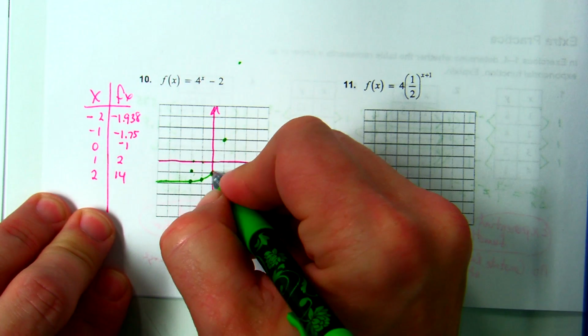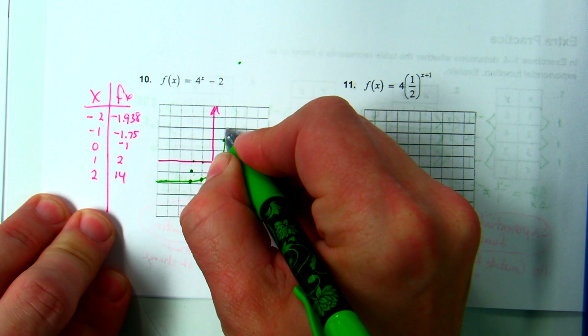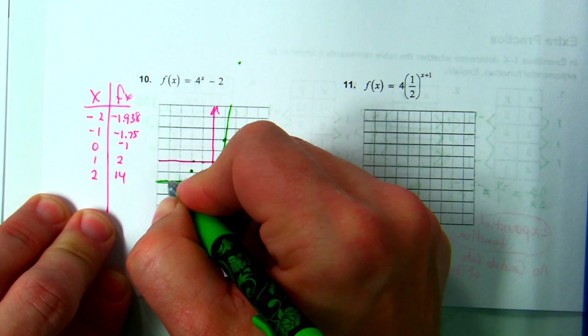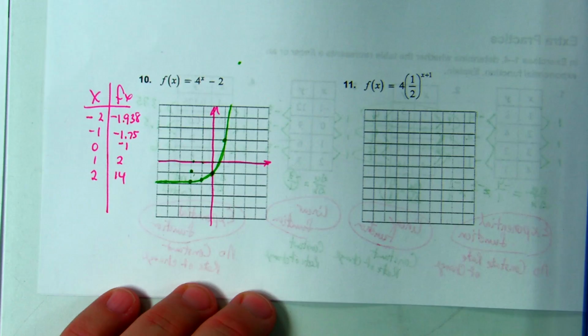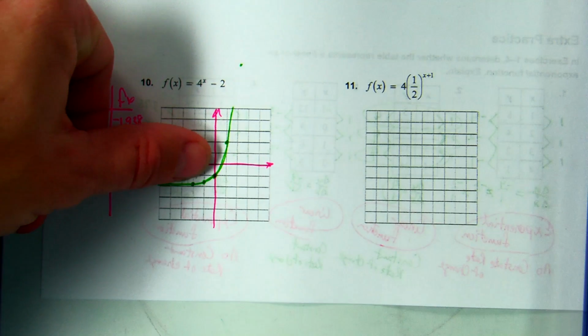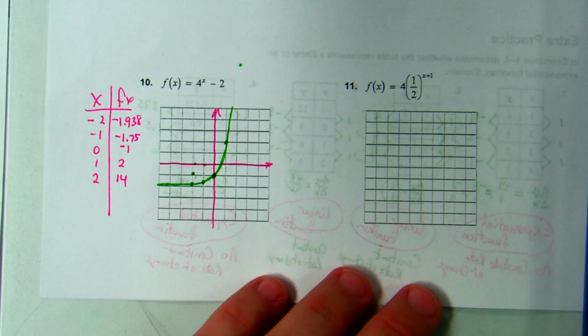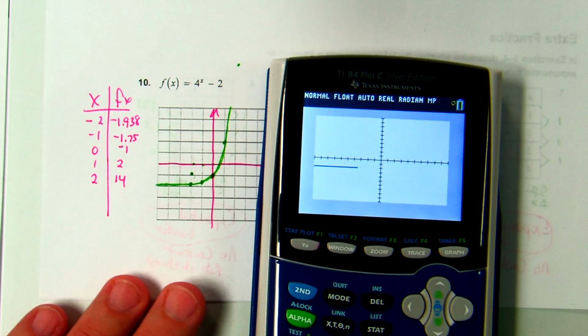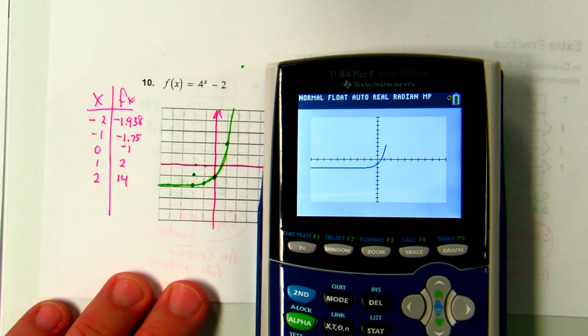And then I'm curving up drastically, going up in that direction. And you'll see I'm not going to touch negative 2, but I'm almost there. Again, disregarding that 1 point right there. And if we look at our graph, again, we should see a very similar looking graph on the calculator.